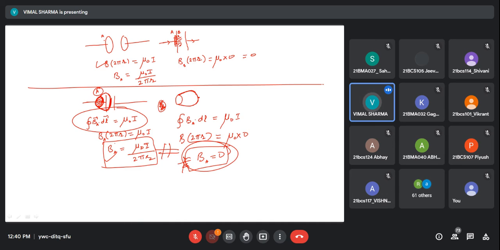That's why it was modified by Maxwell, and he introduced that what is threading here is displacement current. As I said, the magnitudes of displacement current and conduction current are equal. So then this will also be non-zero. You can write this as ID, and here it is IC.